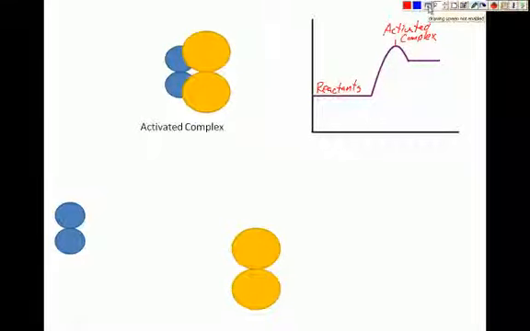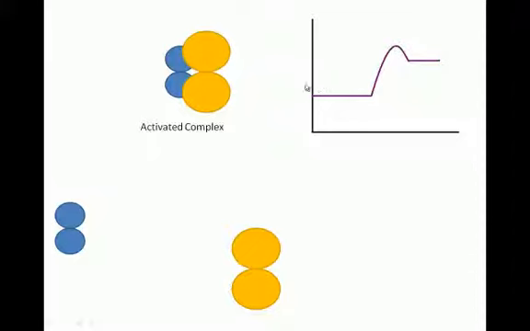But after it's gotten to this point, it's going to separate, and then we get what is called products. So we have reactants, then up here the activated complex, and then down to products.